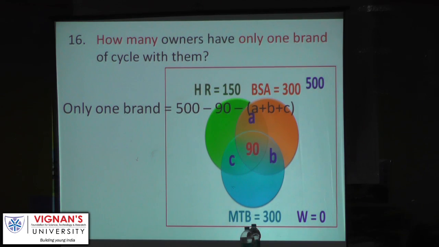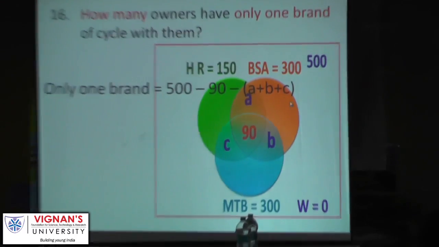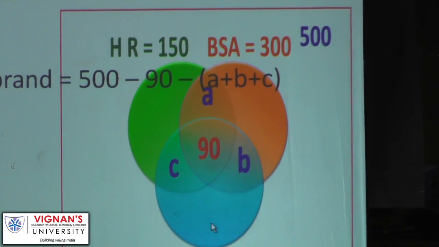So from this 500, if I subtract A, B, C and 90, whatever remaining is only one brand. Are you getting my point? Only green, only orange and only blue. This is what we need to find out.